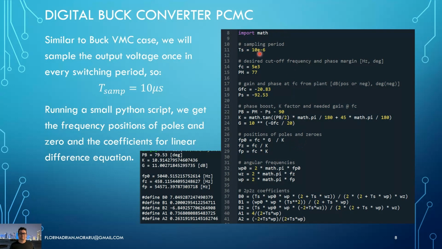So we have the sampling period. We will sample once in every switching period. That means the sampling period is 10 microseconds, since we run at 100 kilohertz.